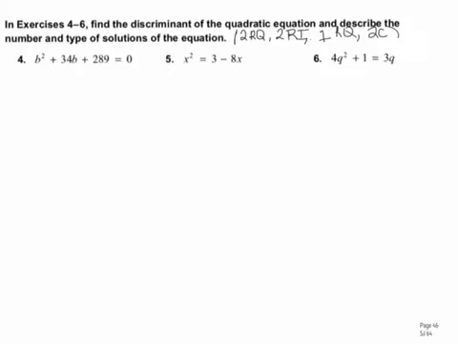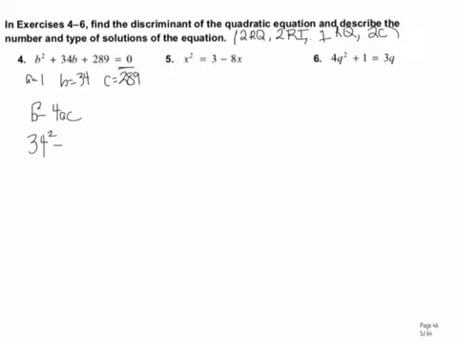And then to find the discriminant, we're going to first make sure it equals 0, name a, b, and c, and then use b squared minus 4ac. Okay, so it is equal to 0, so my a value is 1, my b value is 34, and my c value is 289. So I'm going to do b squared minus 4 times a times c.